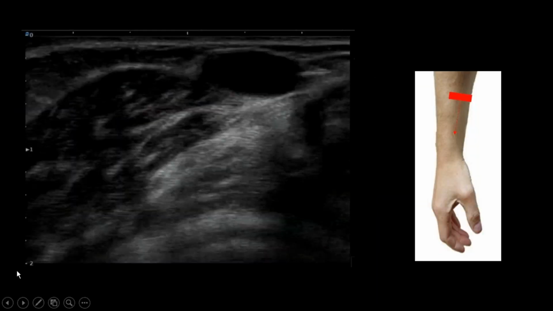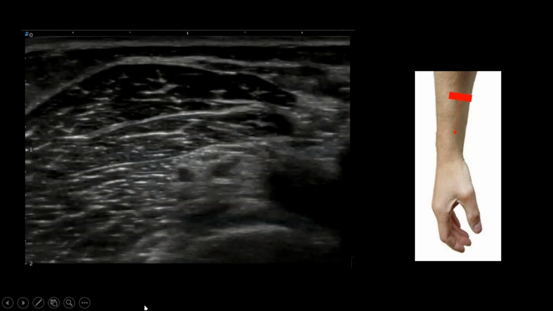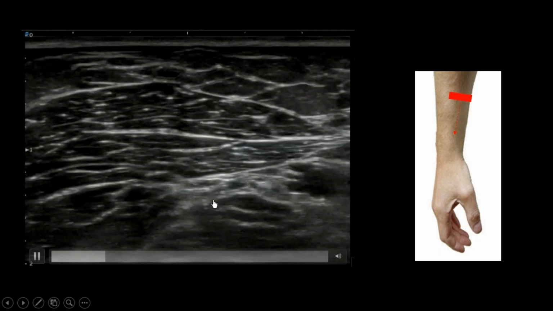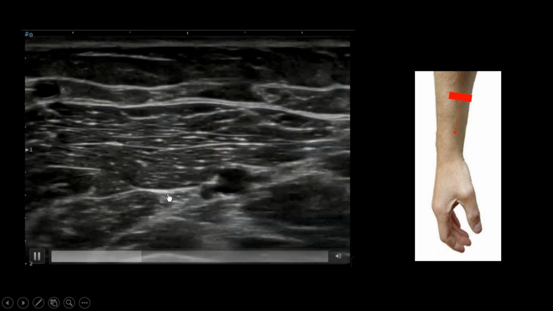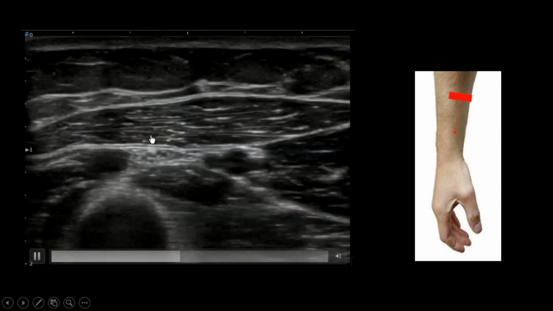And like I said, this nerve can be followed from the elbow down. So we're going to follow this, and I'm going to show you that's the nerve in the proximal forearm. Now we're scanning this nerve distally, and you will see this nerve starts to come superficial. I'm circling around this, hovering around the nerve.